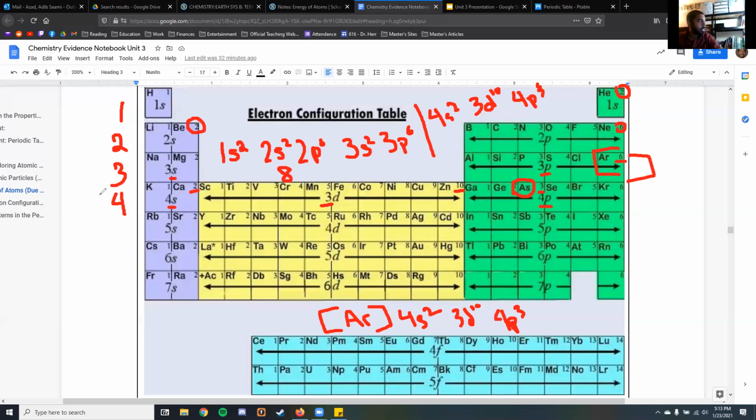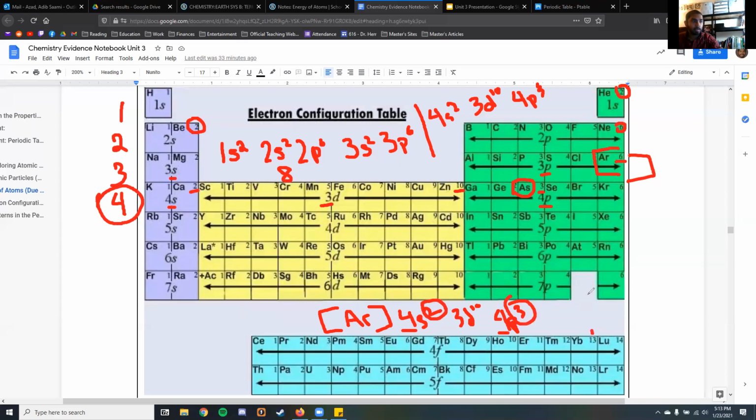What we do is we find the highest energy level in the electron configuration, which is 4. So every orbital that has the fourth energy level, we add up those electrons. In the case of arsenic, it's got 2 electrons in the s orbital, 3 electrons in the p orbital.